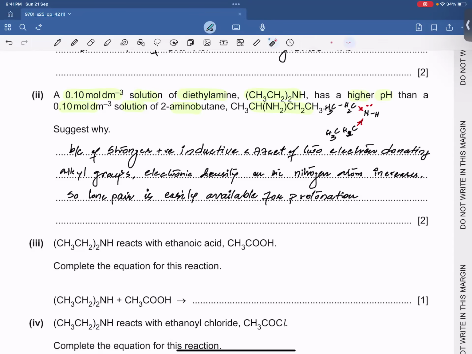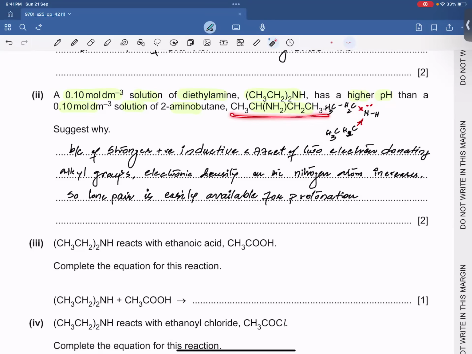So these two groups donate electrons towards the nitrogen atom, and therefore this nitrogen atom has more electronic density, and its lone pair is easily available for protonation.